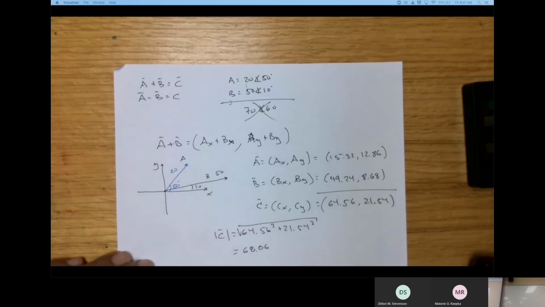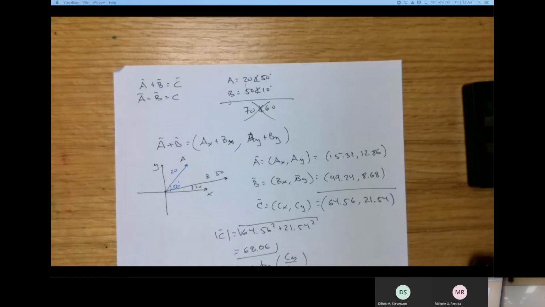And then the angle will be the arctangent of CY over CX, and you get an angle of 18 degrees.